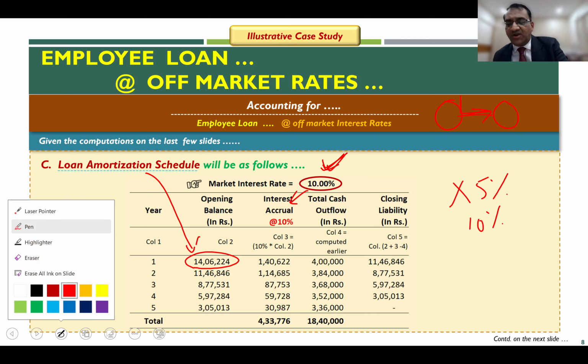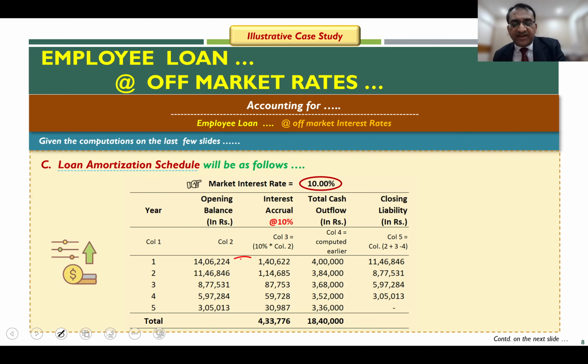So how will the schedule look? 10% of this number, for which I have given the formula here, 10% of 1406,224 will be 140,662. This would be the interest accrual for this particular loan amount. And the outflow will be contractual.